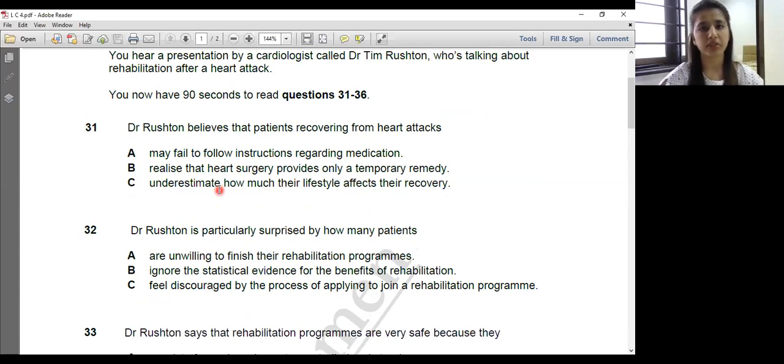It's very important that you read all 3 answer choices before the listening starts, because once the listening starts, you can't pause the audio, you can't rewind it, you can't stop it, you can't play it again. So none of the options are available. Once it is gone, you can't really go back to the audio.